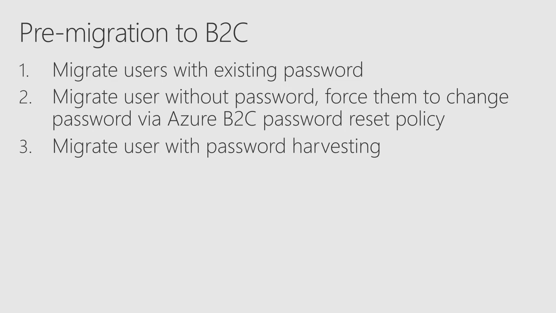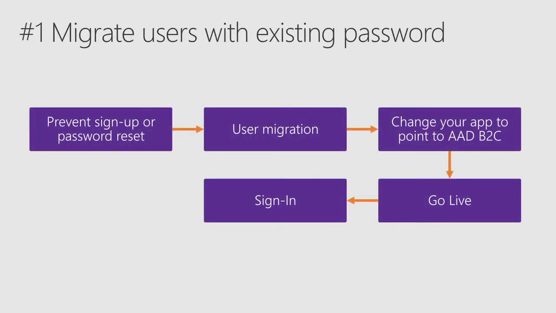In the first one, with the real password. In the second one, with a random password we generate. In the last one, we migrate the users when the user changes their password in the old identity provider. Okay, let's have a look at the process for more details.